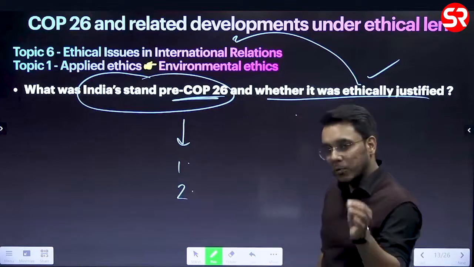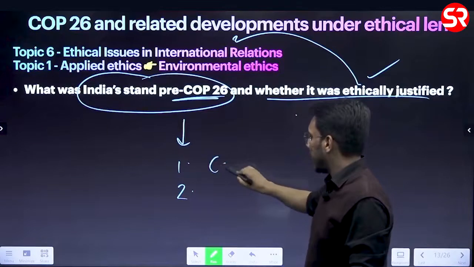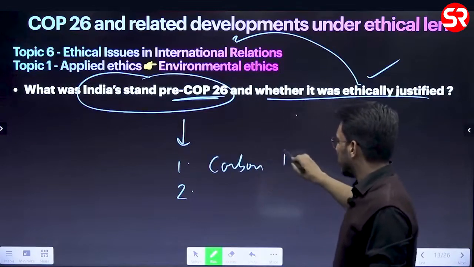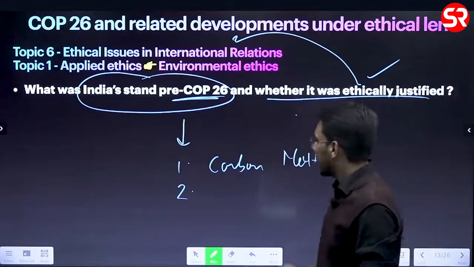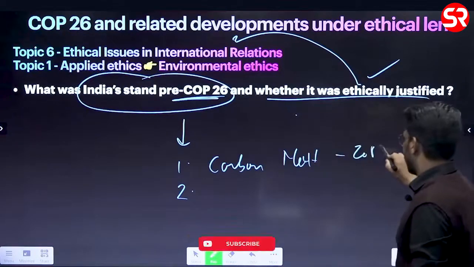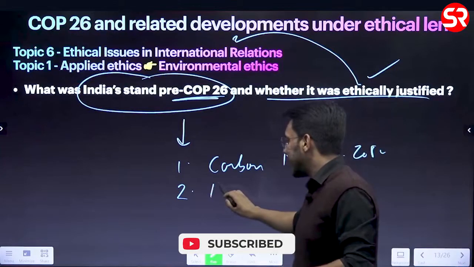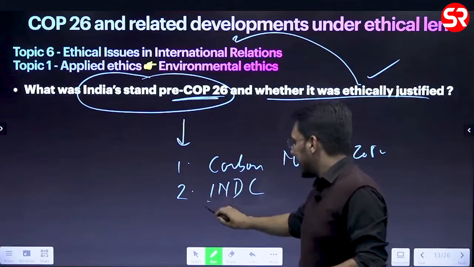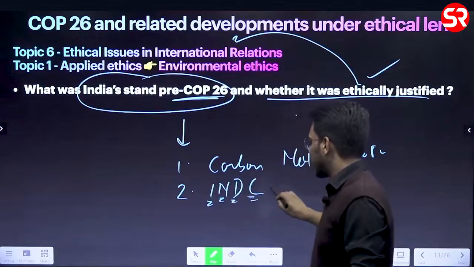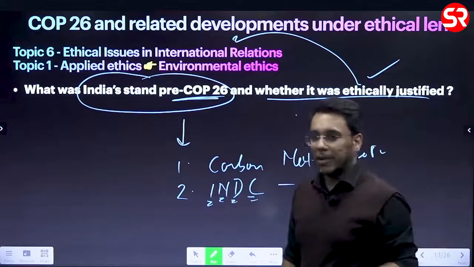Request number one, it was said that India should adopt carbon neutrality, around 2050, 2060, 2070. The second request was that India should revise their INDC targets, intended nationally determined contributions, that were taken after 2015 by all the countries.